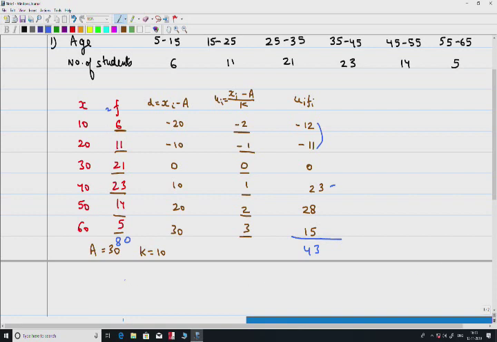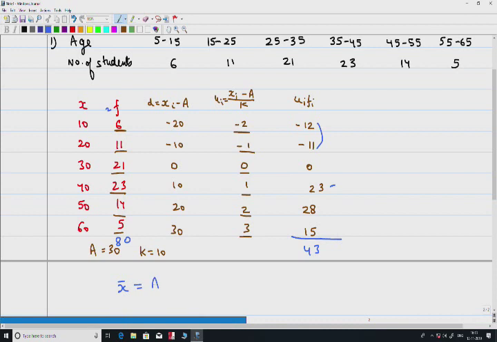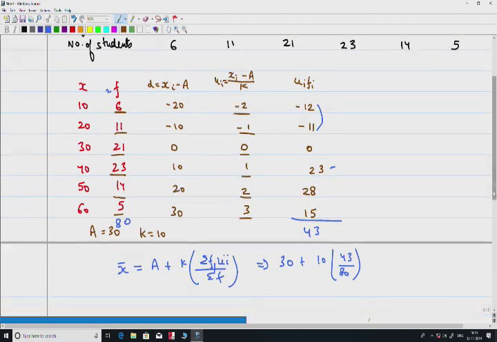Now we can find the mean. Mean would be equal to A plus, we have to add this one, k times sigma fi ui divided by sigma f. That would be A is 30 plus 10 times 43 by 80. That would be the mean. So 430 divided by 80.